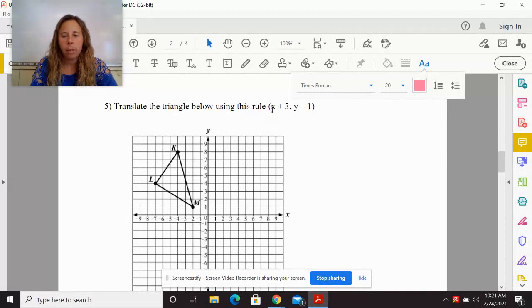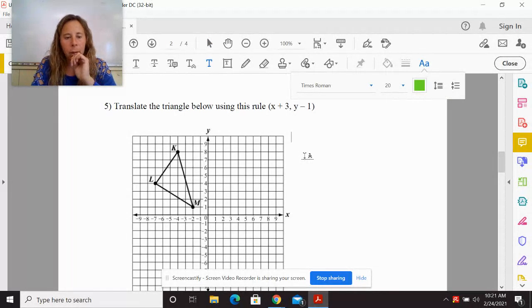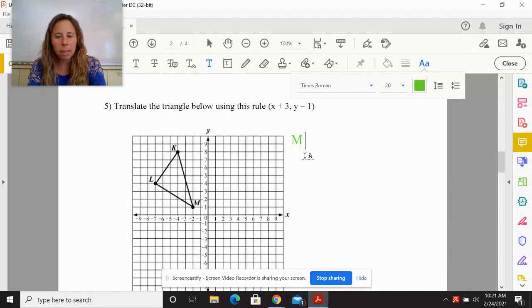If it's helpful, we can write out all the points. This is the triangle we looked at before. M is at negative 2, 1. If we use this rule, that's going to be -2 plus 3, which is 1.